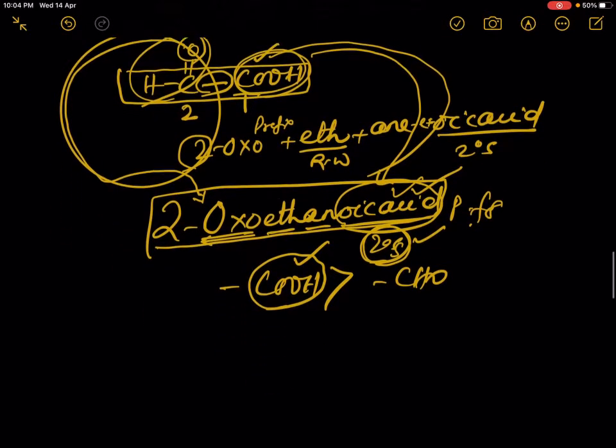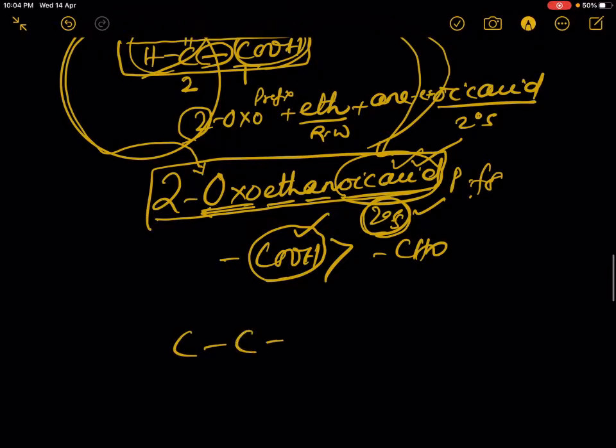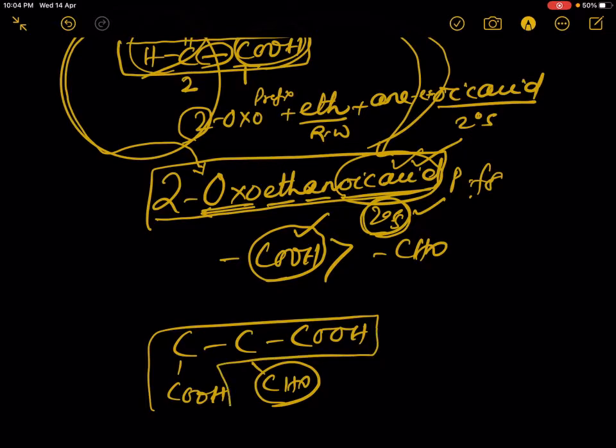Then same CHO is written over here, but in a different style. This is the parent chain, 1, 2, 3, 4.